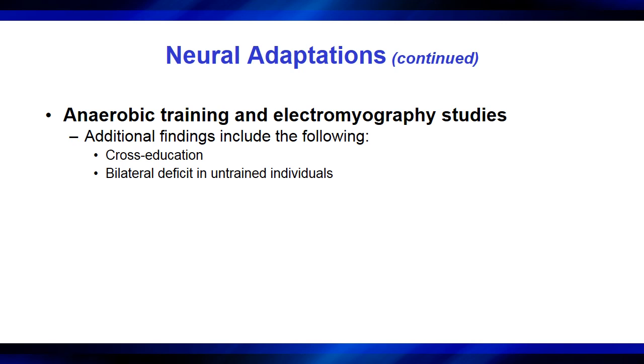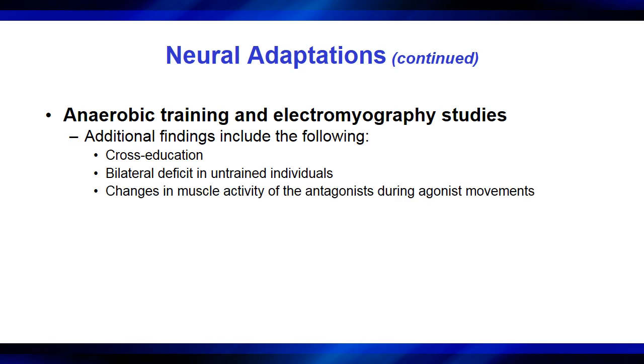So with longitudinal or long-term bilateral training, that bilateral deficit will eventually decrease, and eventually what you'll end up having is what's called bilateral facilitation, where you're getting an increase in the voluntary activation of the agonist muscle groups. You're also going to get changes in the muscle activity of the antagonist during agonist movement.